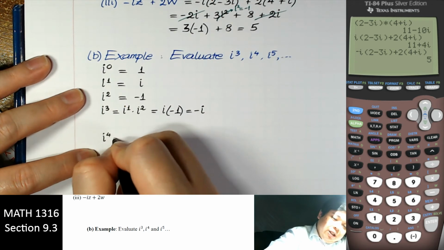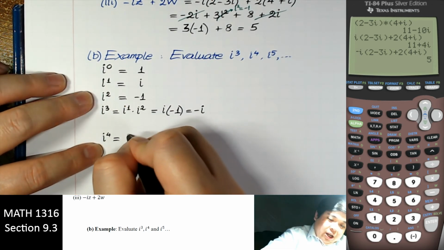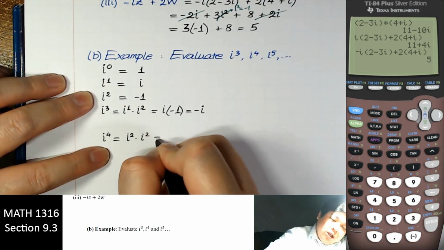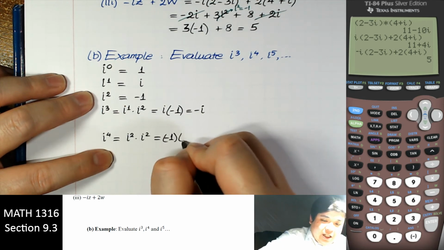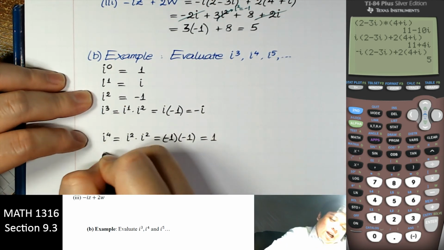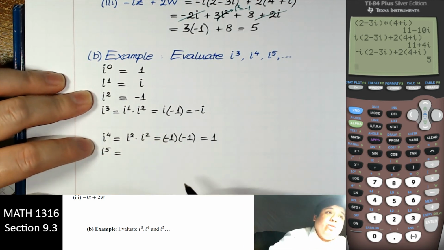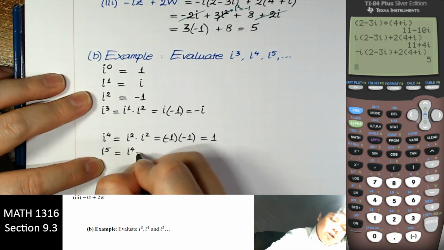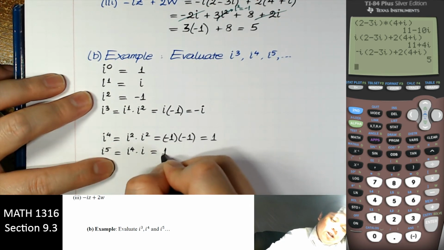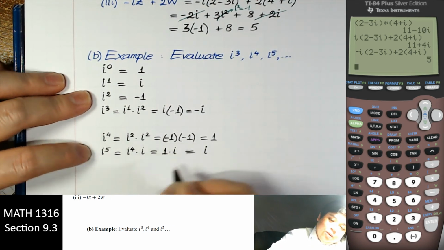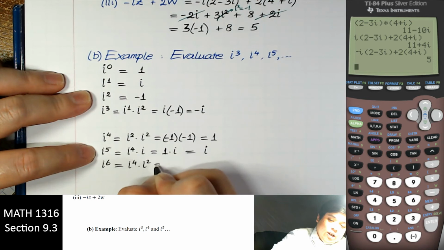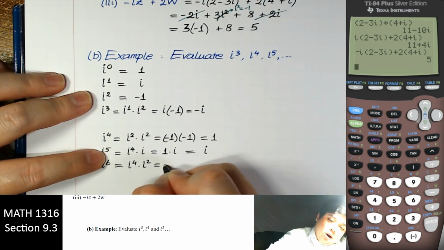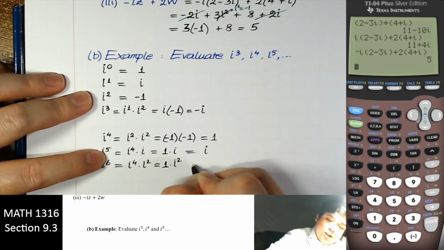i to the fourth power is i squared times i squared, which is -1 times -1, so it's 1. i to the fifth is i to the fourth times i, which is 1 times i, so i. i to the sixth is i to the fourth times i squared, which is 1 times -1, so -1.